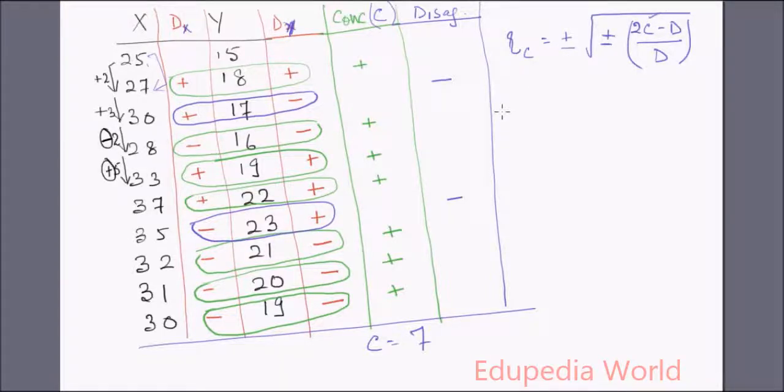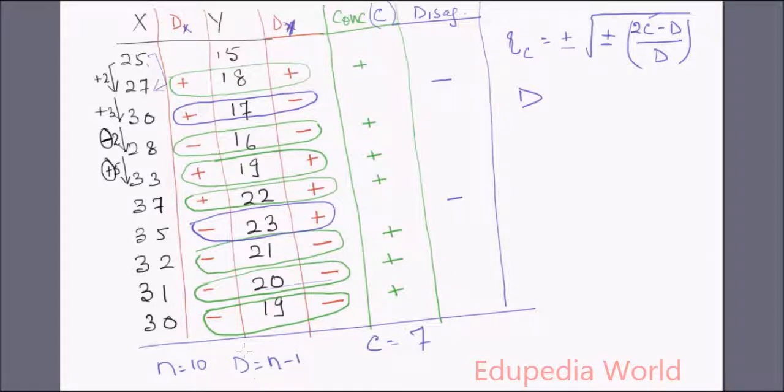Now what is D? D is your number of pairs of the values which we have here. So number of pairs, if we see, is equal to 1 2 3 4 5 6 7 8 9. So there are two ways in which you can find. See, the total number of values we have here is equal to 10, and D will always be equal to n minus 1.